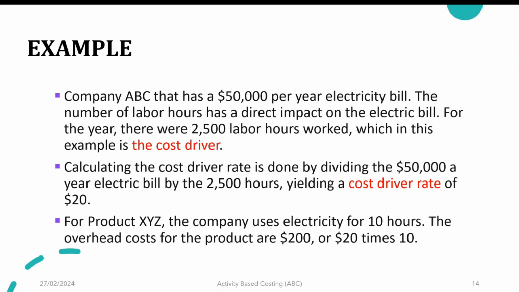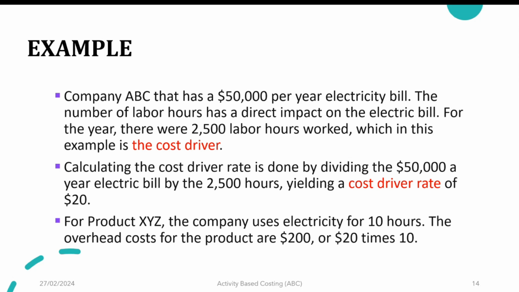For the year under consideration, there were 2,500 labor hours worked in total. This can be considered the cost driver. The 2,500 unit can be considered the cost driver. And then the 50,000 per year electricity bill could be the cost pool. And with this, we can get the cost driver rate, 20 US dollars.